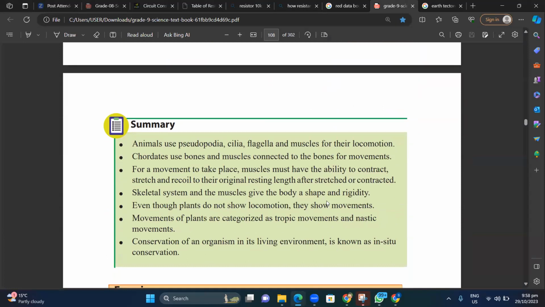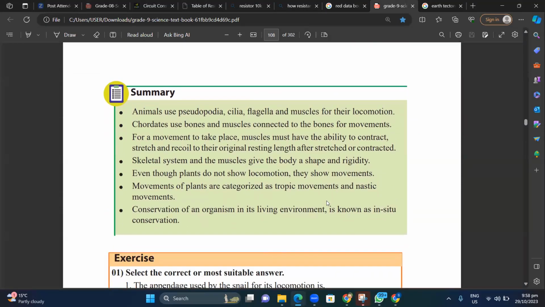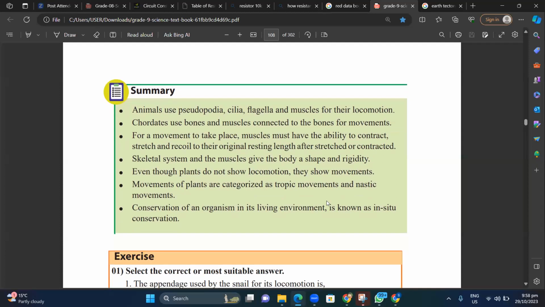Okay, as a summary, we have learned about animal movement, plant movement, rigidity, muscles, how they work, and how plants show tropic, tactic, and also nastic movements.